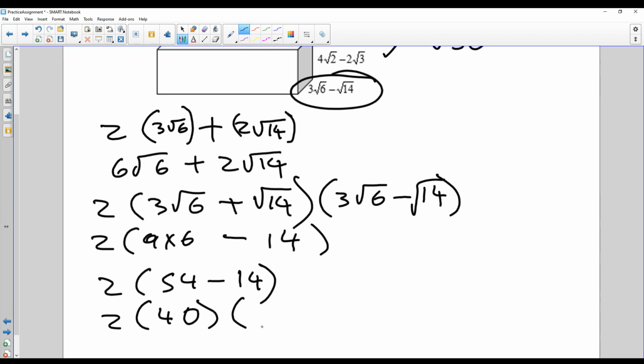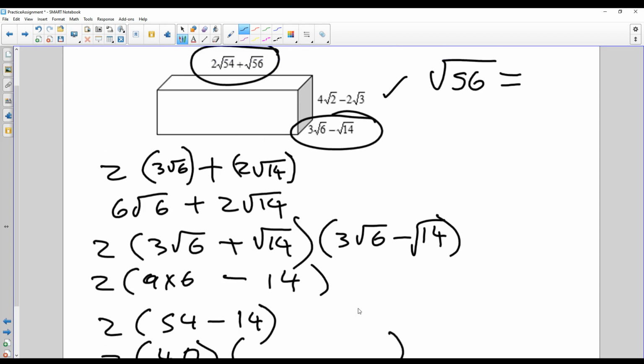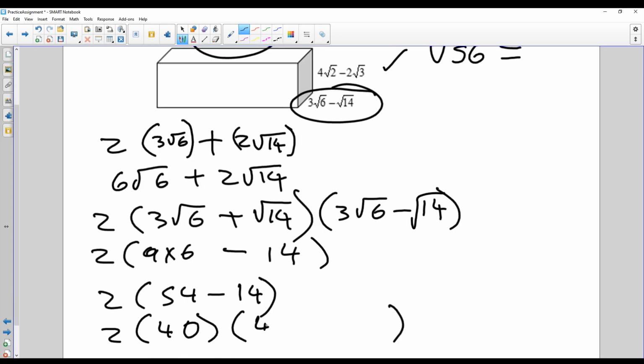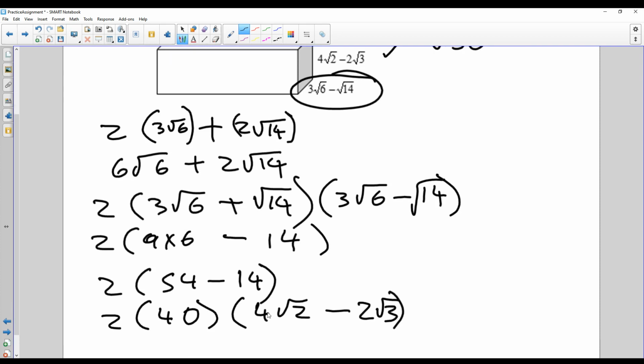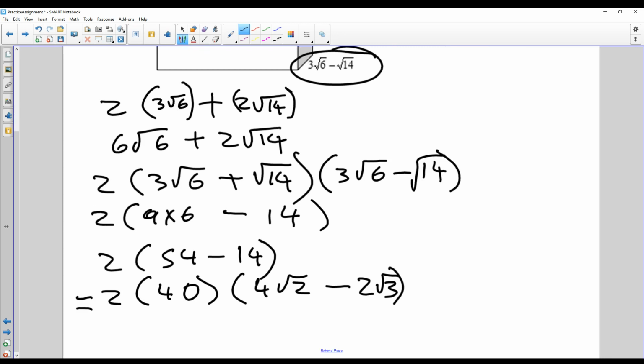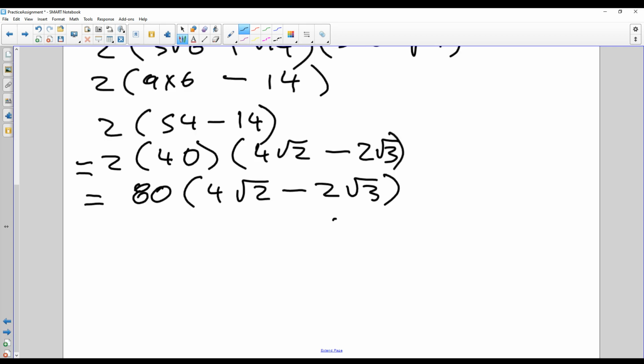And all of that now needs to be multiplied by the last part of this, which is the 4 root 2 minus 2 root 3. We haven't done that part yet at all. So all I need to do now is simplify this to give me 80 times 4 root 2 minus 2 root 3, right?